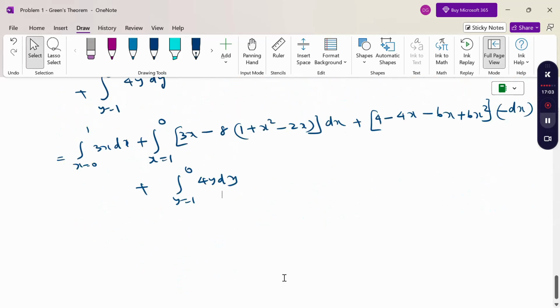Now to simplify this term: the integral of x from 0 to 1 of 3x dx plus the integral of x from 1 to 0.